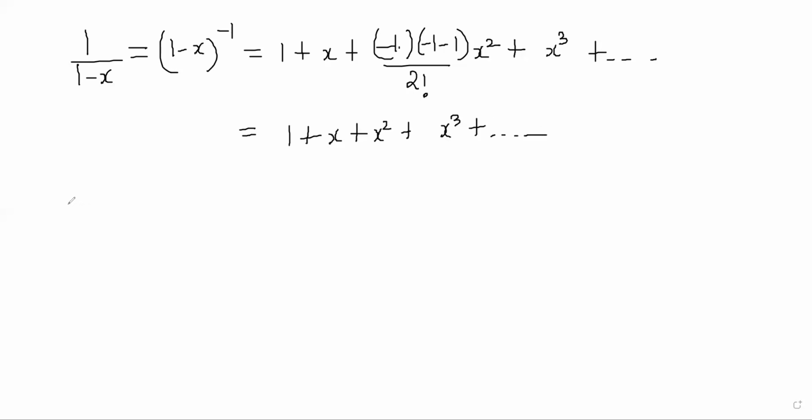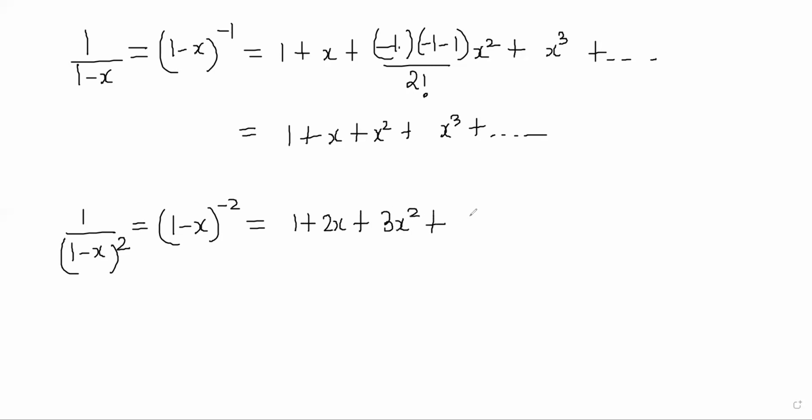And if you have, let's say, 1 by (1 minus x) whole square, then this becomes (1 minus x) power minus 2, and that is going to be 1 plus 2x plus 3x square plus 4x cube and so on.